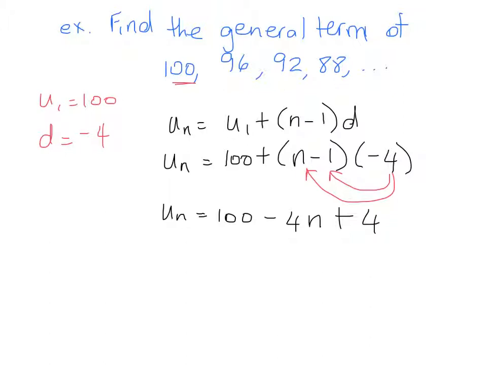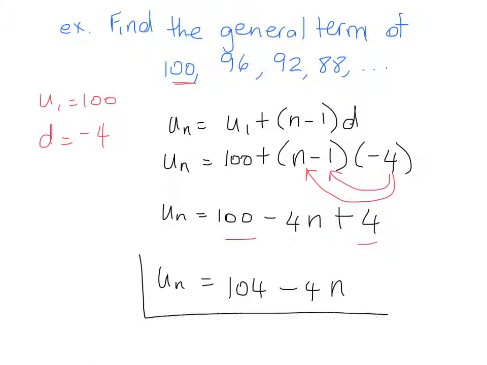We multiplied. All right, and now we can take care of our like terms, and we get that u_n is equal to 104 minus 4n. So now that formula will tell you any term of this particular sequence. So that's how we find the general term, also known as the nth term. All right, and that's it for now.